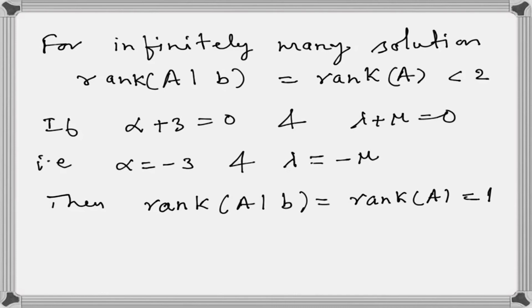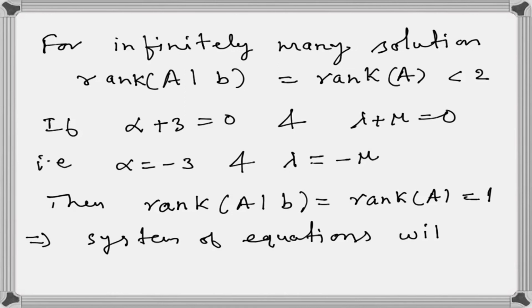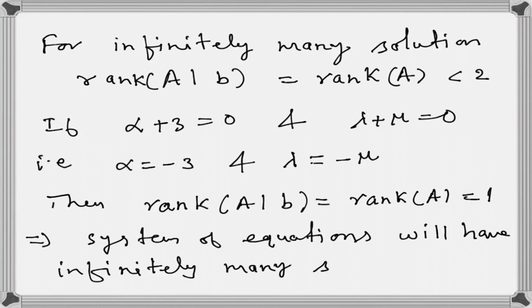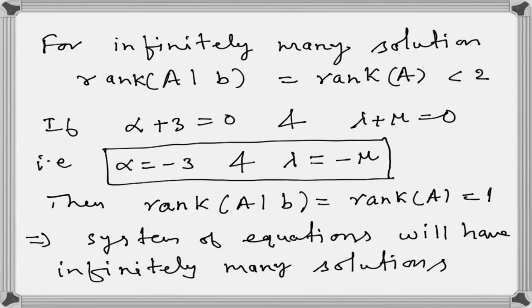This implies that the system of equations will have infinitely many solutions. So this is the condition: for alpha equal to minus 3 and lambda equal to minus mu, you will have infinitely many solutions.